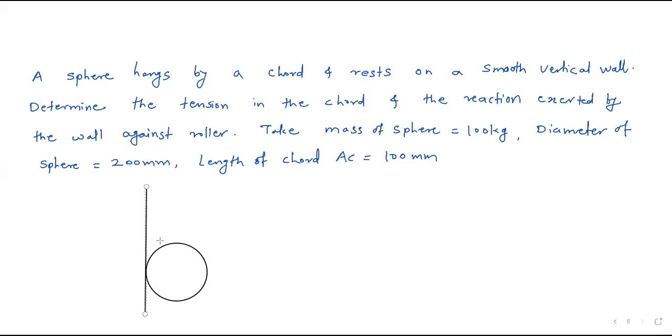Here somewhere the centroid is there. So you should always consider all the forces from the centroid. So now this cord, it is like this. Okay. And this is the surface.